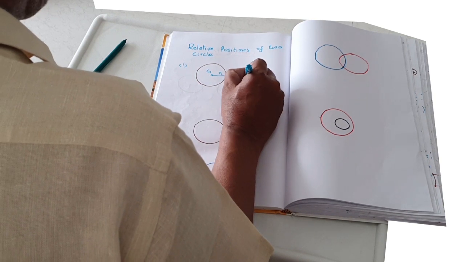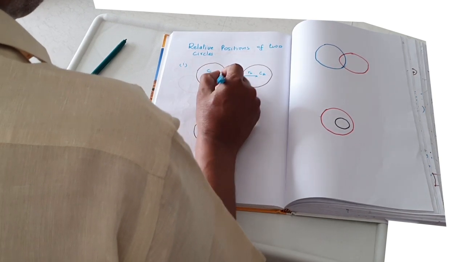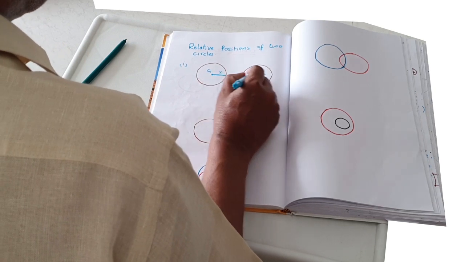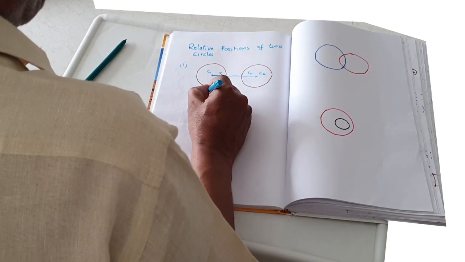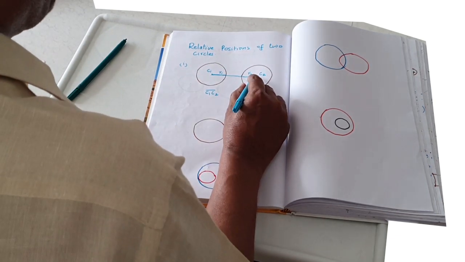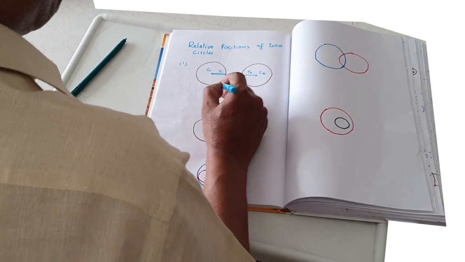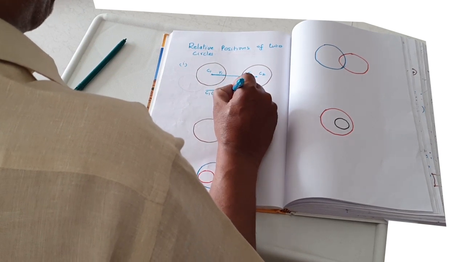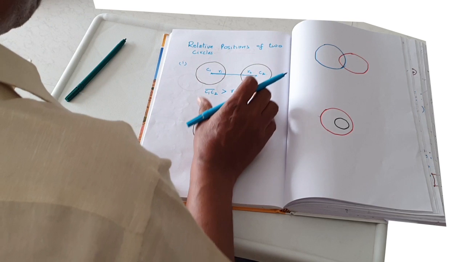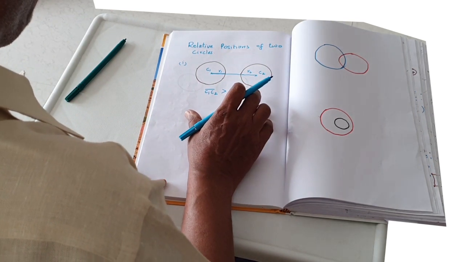If I join C1, C2, the distance is D. So if the distance between the two centers C1, C2 is greater than R1 plus R2, then the two circles are not intersecting, they are at a distance.